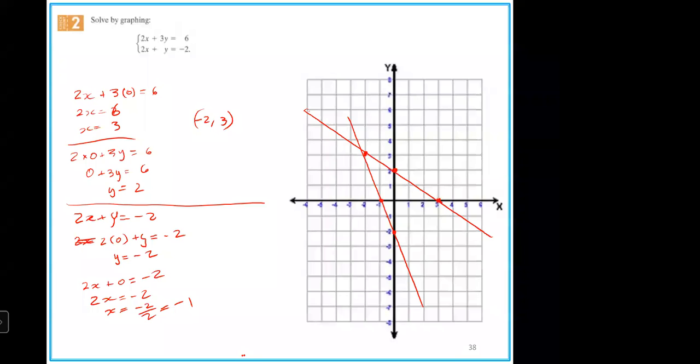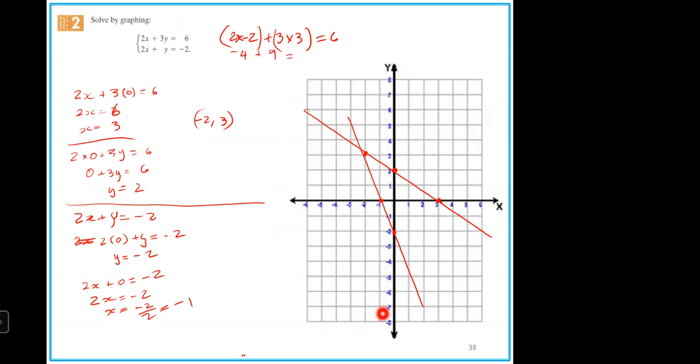All right, so if we put 2 times -2 plus 3 times 3, you should get 6. 2 times -2 is -4 plus 3 times 3 is 9.